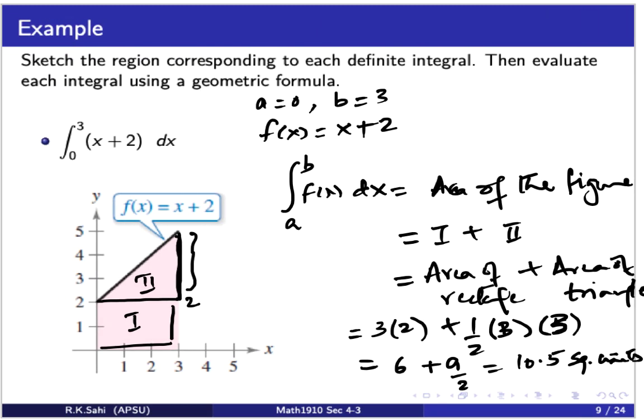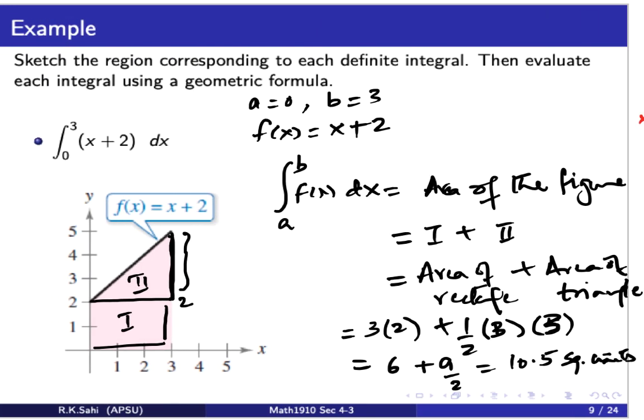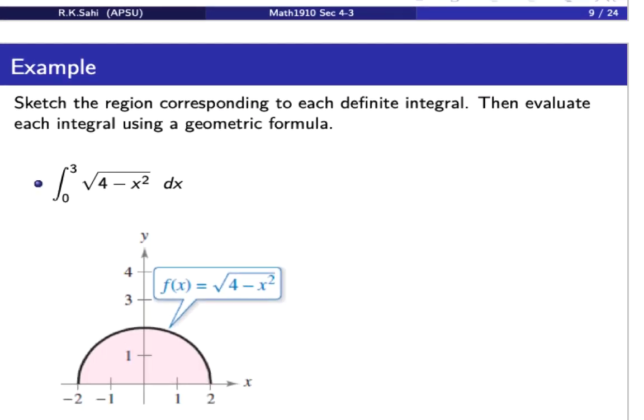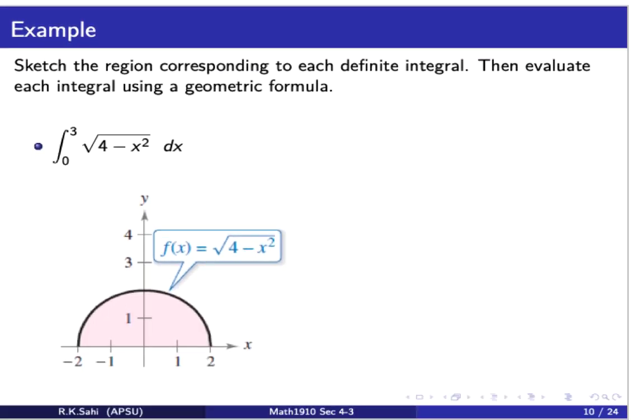Okay, let's look at one more example. Now this one is a semicircle. It says sketch the region which corresponds to this definite integral, then evaluate each integral using a geometric formula.